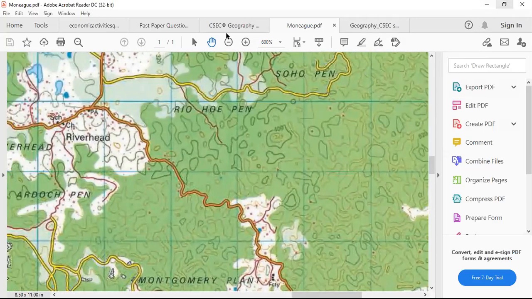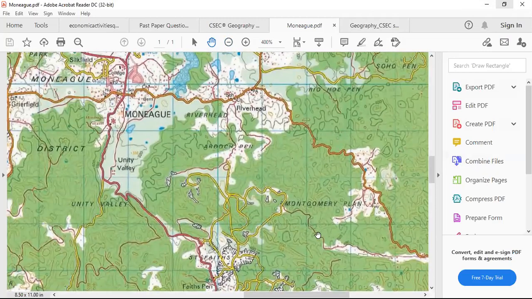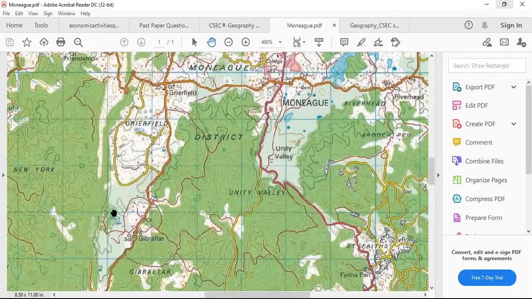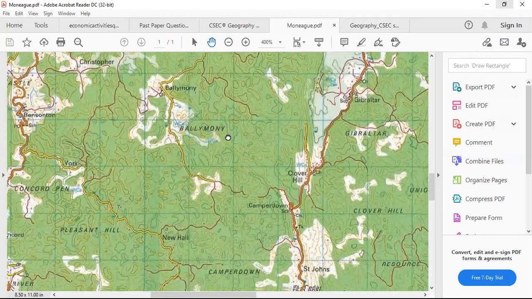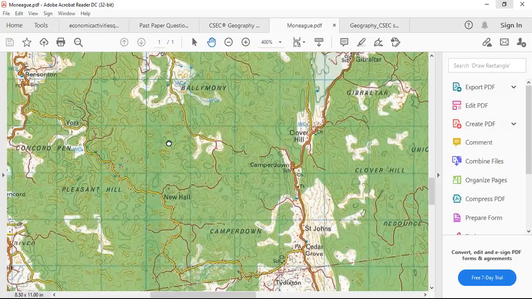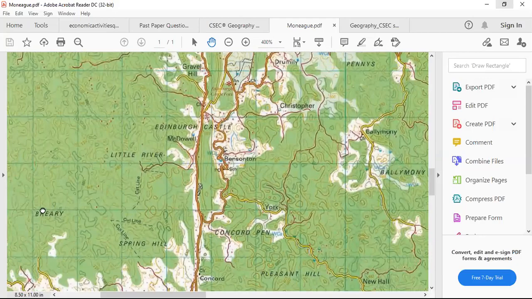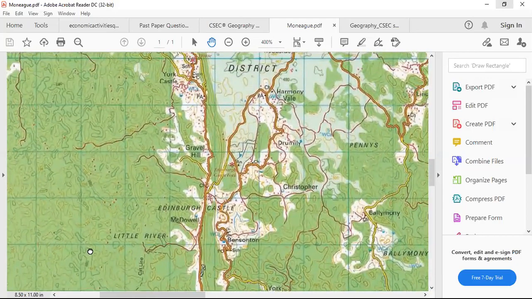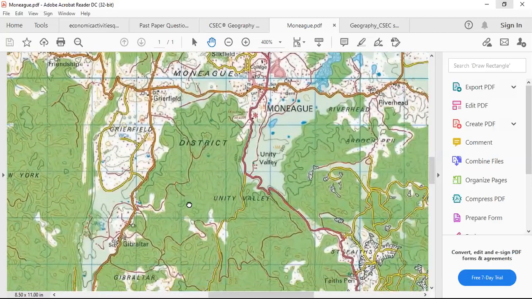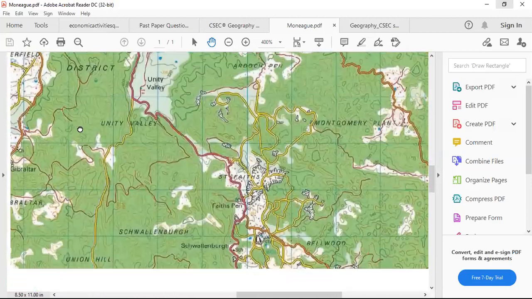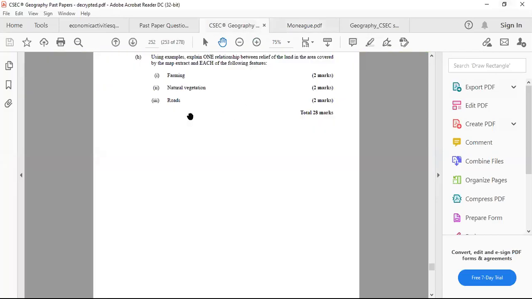They are on the higher contours, and they are in the areas of like New York, Ballymoney, Pleasant Hill, all of those areas, all the way to Edinburgh, right? But you're not seeing any water sources there either. Remember, this is the map where you only see the water sources in the southeast and southwest. Remember that. And the next thing is roads.